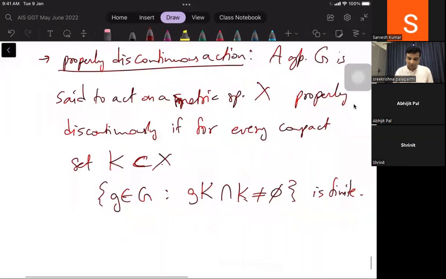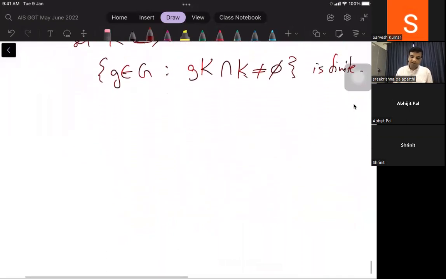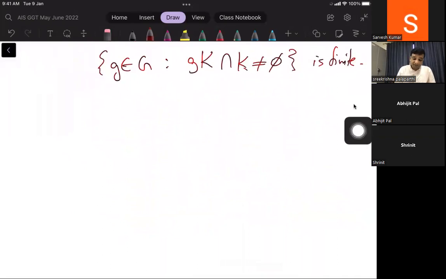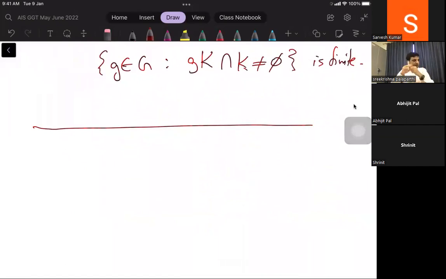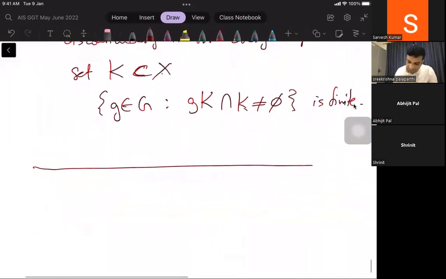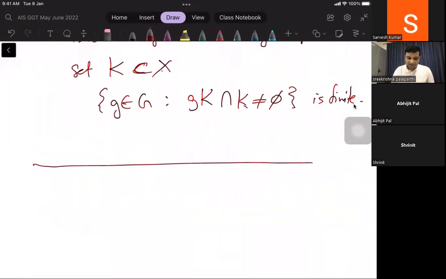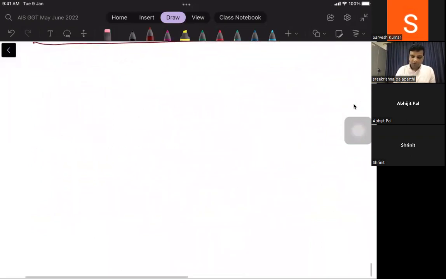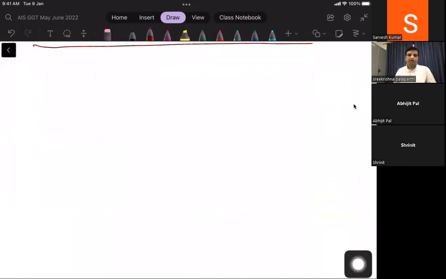Okay, so examples of properly discontinuous action. The action of the fundamental group by deck transformations on a universal cover. So if you have a base space and a covering space, universal cover for that matter, then the action by deck transformations is an example of properly discontinuous action. In fact, that is a guiding example to stating the fundamental theorem.